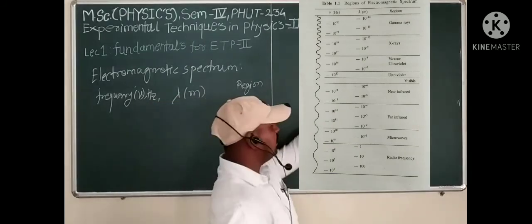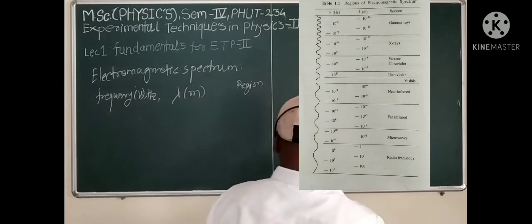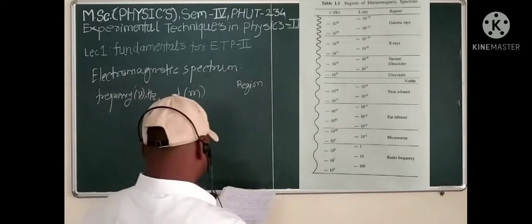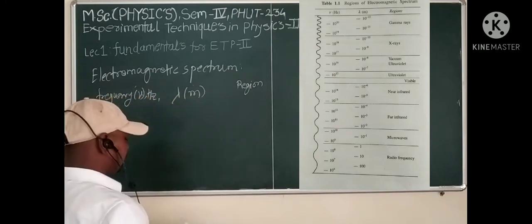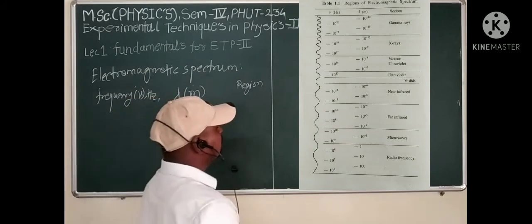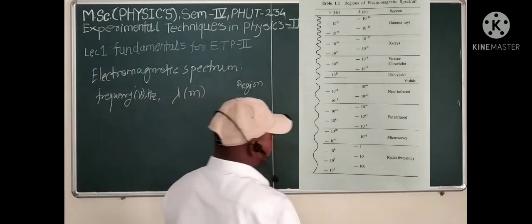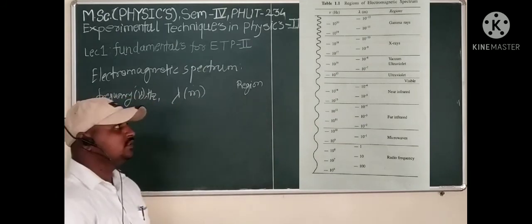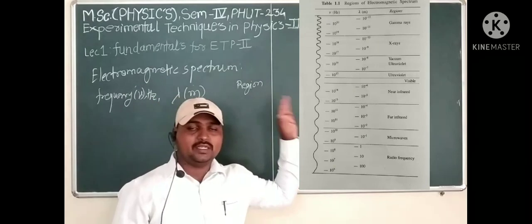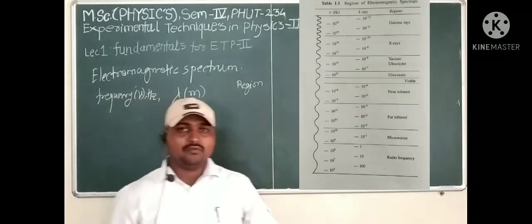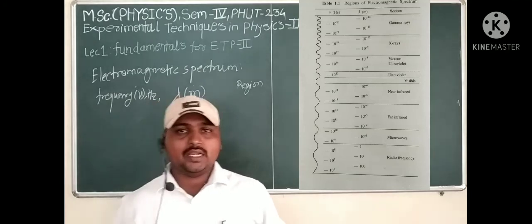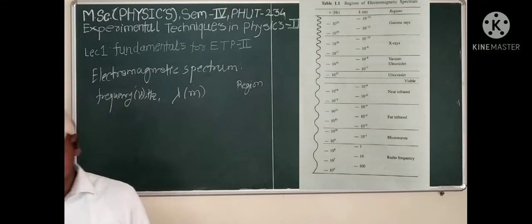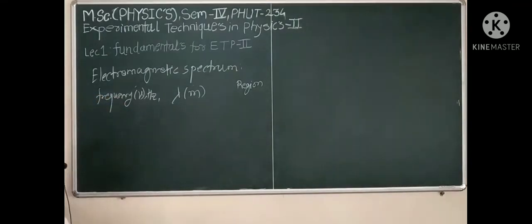And next we observe X-rays, vacuum ultraviolet and ultraviolet visible, near infrared, far infrared and microwave, with the final radio frequency. For each of these regions, we have different techniques which are developed to characterize the materials. Now, let's move to the next point.